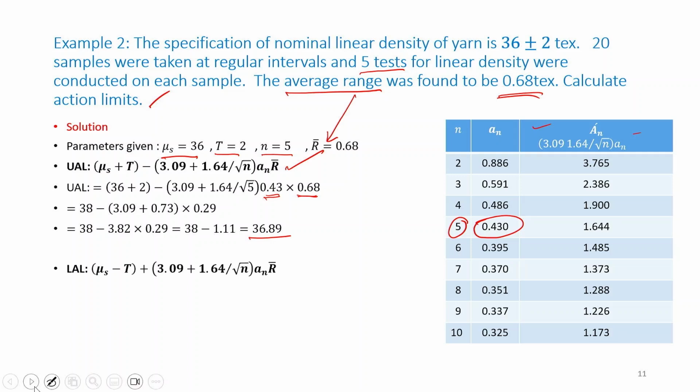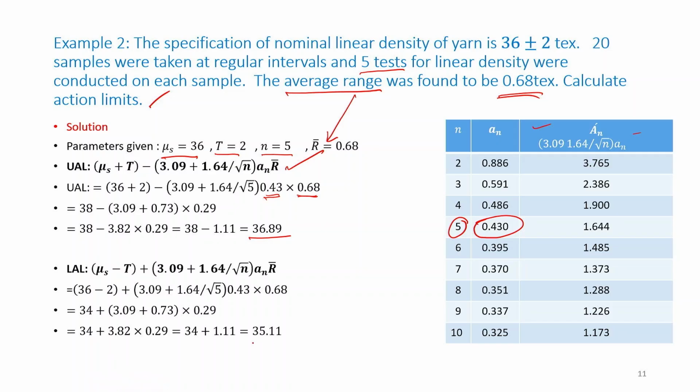The same thing we do for the lower action limit. We write the formula, substitute the values, and you get the result 35.11. That means the limits based on the modified tolerance, we can say, the modified tolerance limits are going to be 35.11 and 36.89.